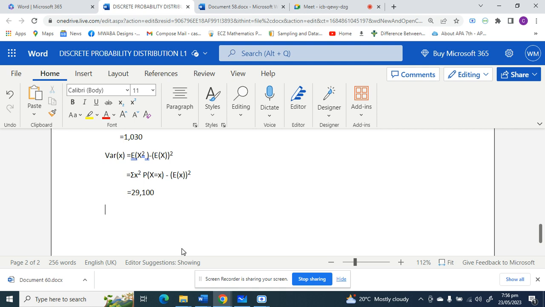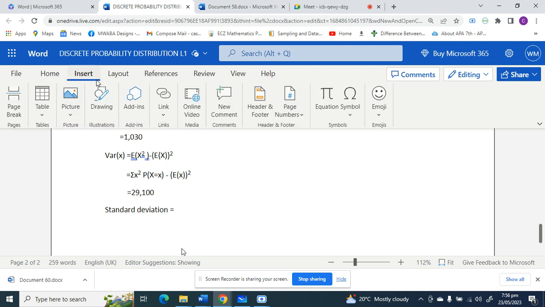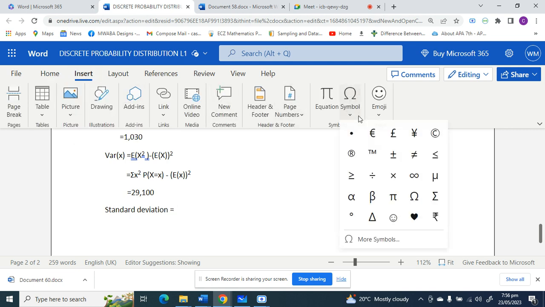The higher the standard deviation, the further the data is spread around the mean. So we get the square root of 29,100.